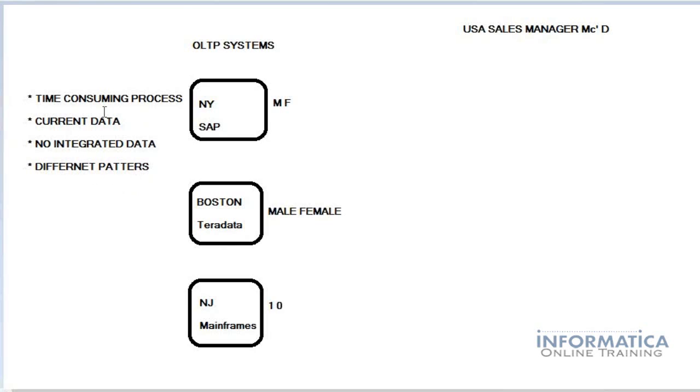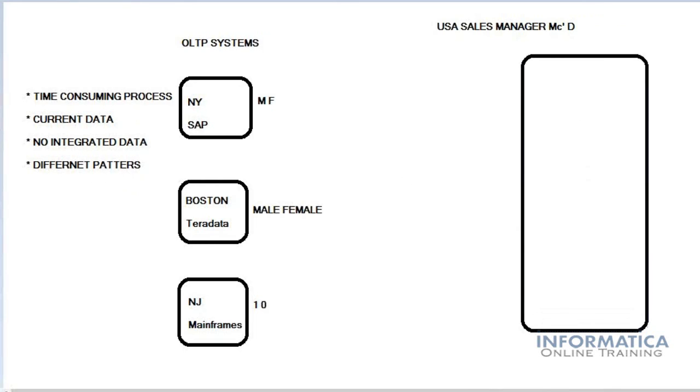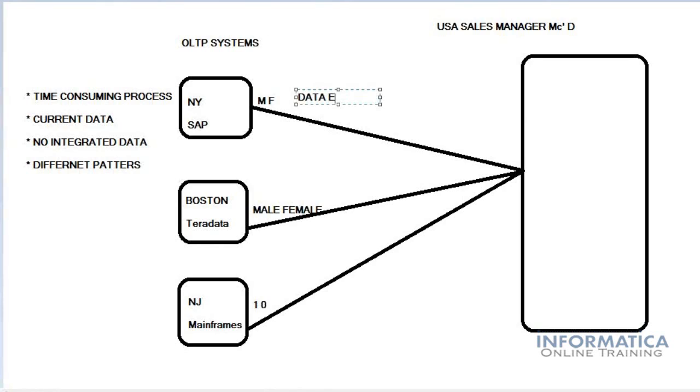In order to overcome these disadvantages, I'm going to extract the data from multiple OLTPs, which is called data extraction, and I'll transform the extracted data, which is called data transformation, and I'll load the data into a single database, which is called data loading, right?